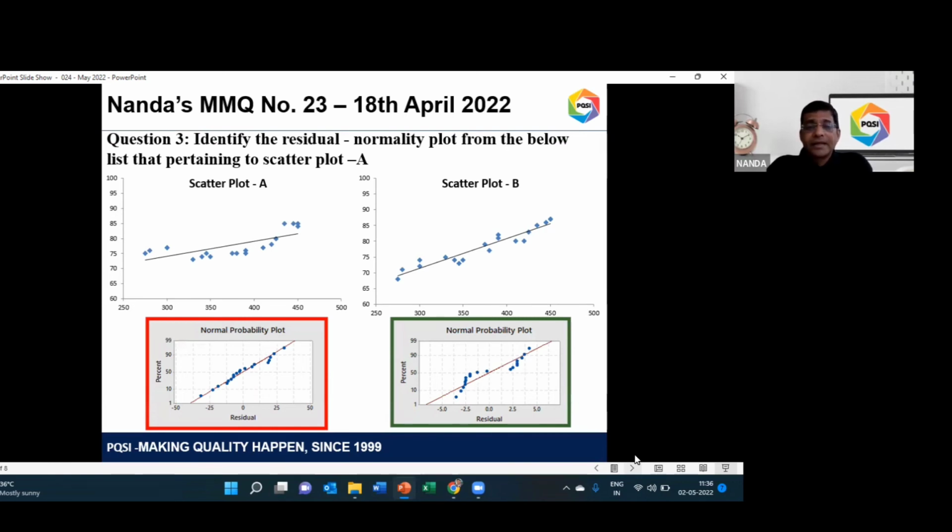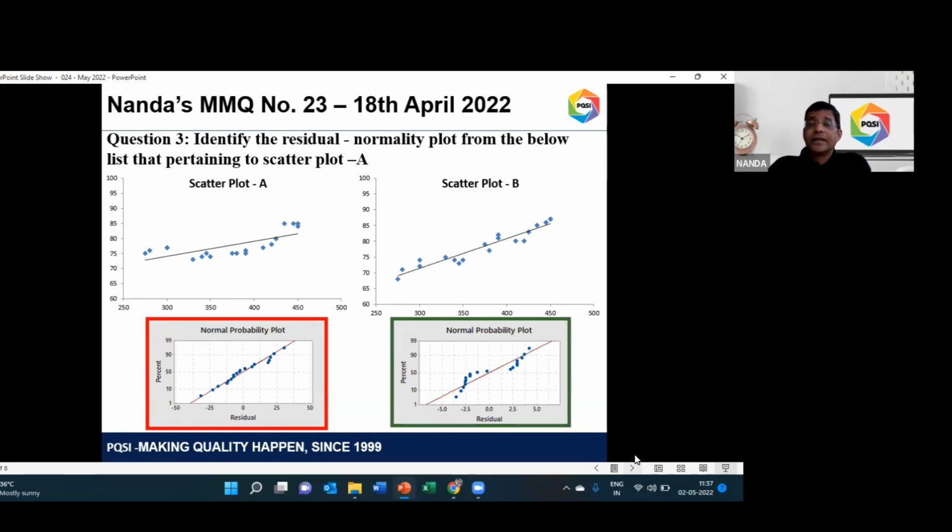There was one highlighted with red and one highlighted with green, and the question was to find out which of these pertains to scatter plot A. The one highlighted in green pertains to scatter plot A, because if you look at the scattered points, there are some non-normal patterns. So the corresponding normal probability plot for scatter plot A is the one highlighted in green, which doesn't seem to be normally distributed.